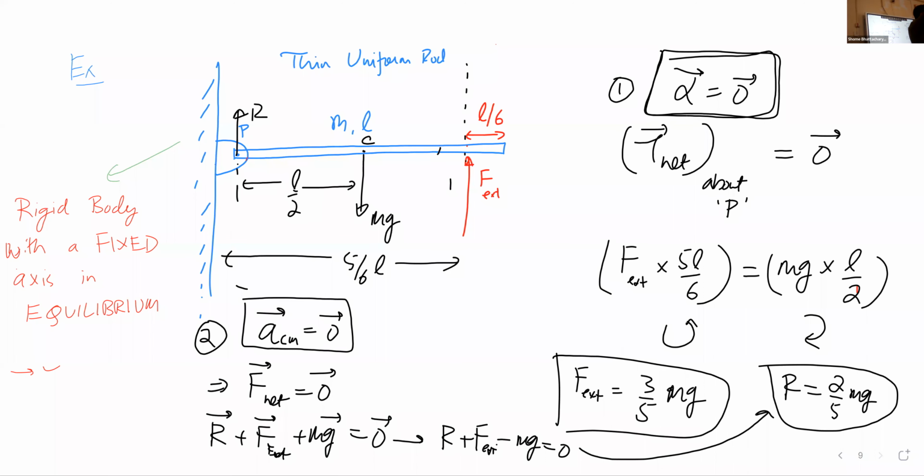So it will go into pure rotation about this, but in such a way that the initial angular velocity is 0, but there's some angular acceleration. And that angular acceleration is created by what? It's created by mg. So we will find out that angular acceleration. From that, we will find out the acceleration of the center of mass. And from that, we will calculate how the reaction force changes at the instant when we just release the external force. Okay. So let's come to that part of this question.